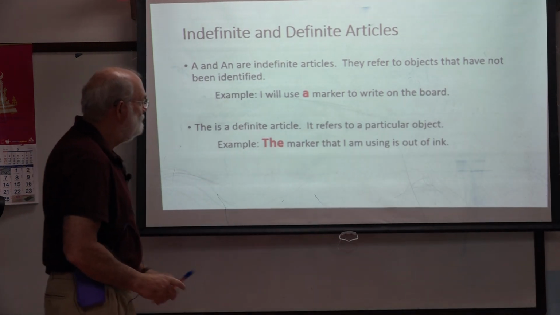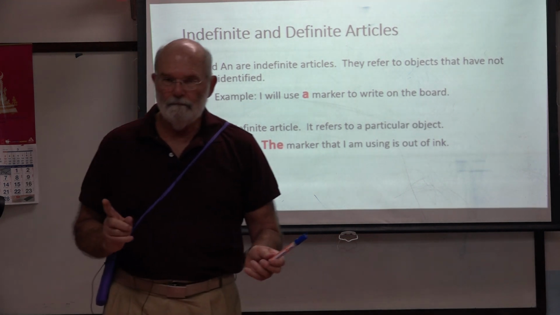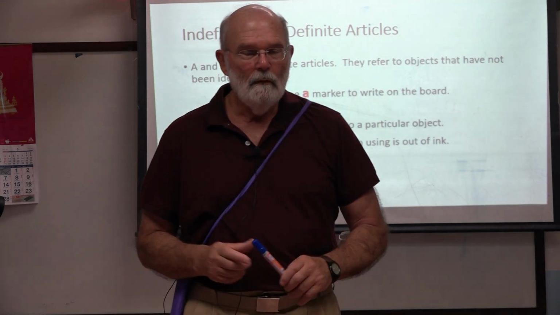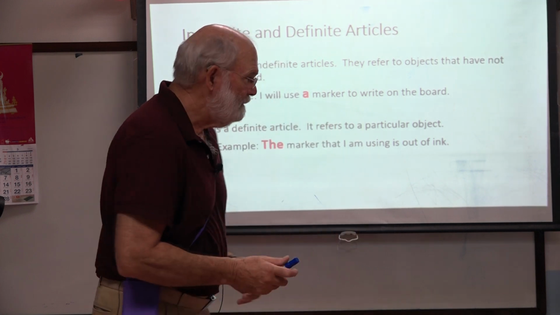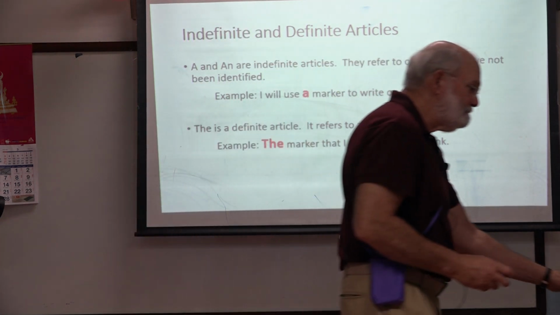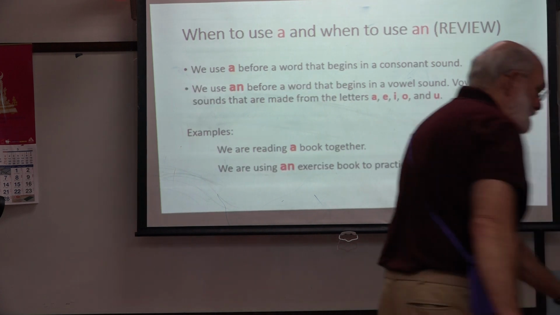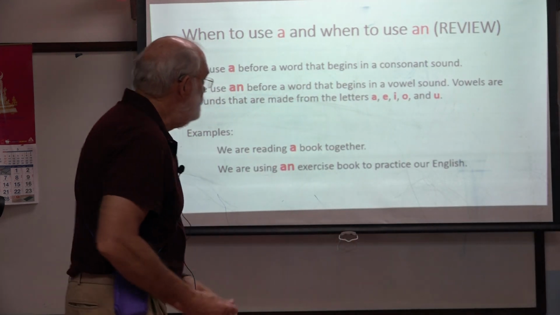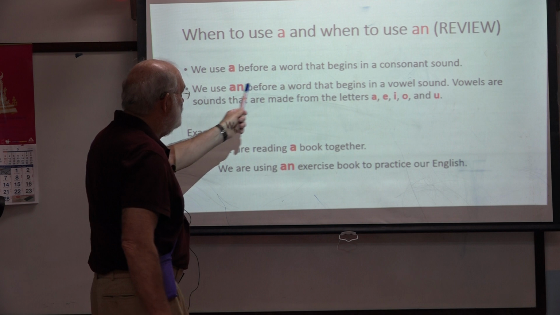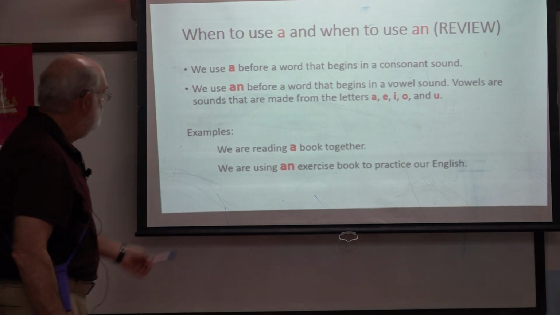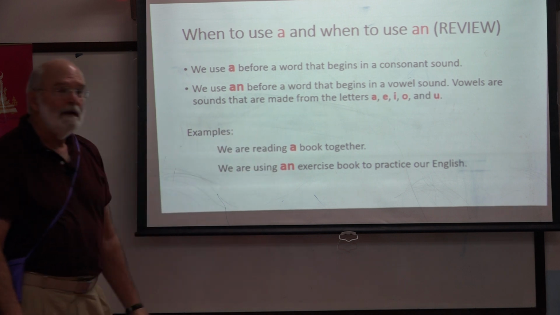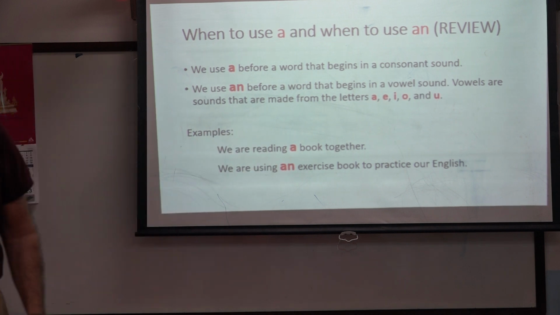Okay, now we've already covered when to use a and when to use an. Remember that? Remember the rule? Yeah. Exactly. We use a before a word that begins in a consonant sound, and we use an before a word that begins with a vowel sound.